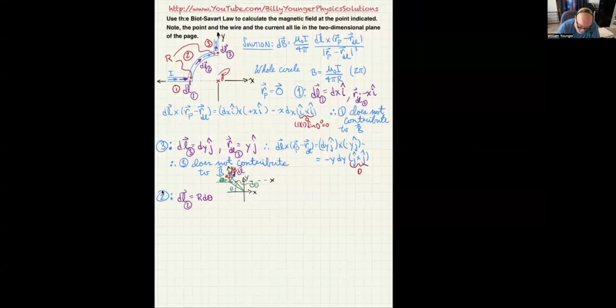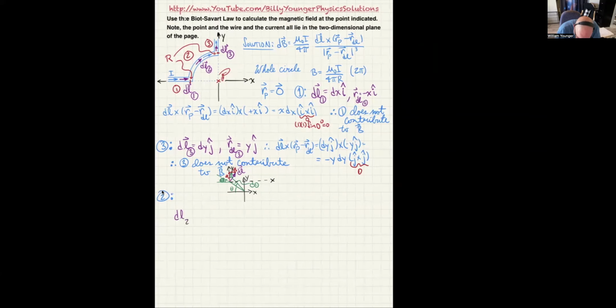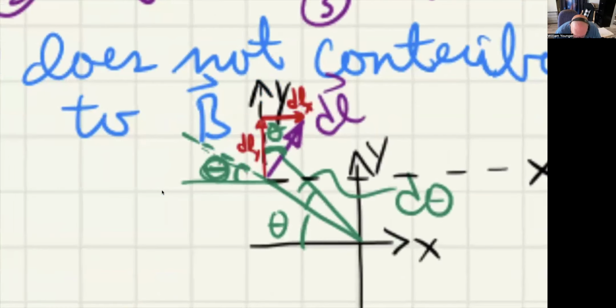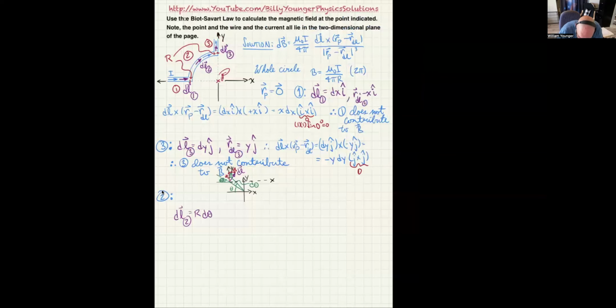So now I can go ahead and say that this result should be, let me rewrite this a little lower because it's clear that I'm running into my own diagram. I'm going to say dL, supposed to be dL2, is equal to r d theta, and then of course, as we said, the x component is positive sine theta, so I'm going to say sine theta i hat.